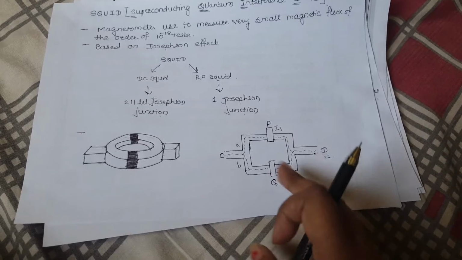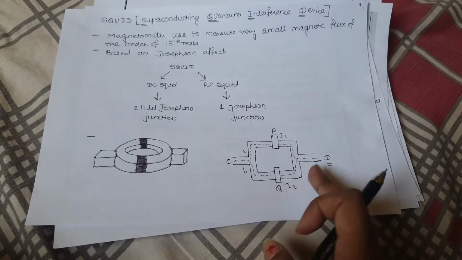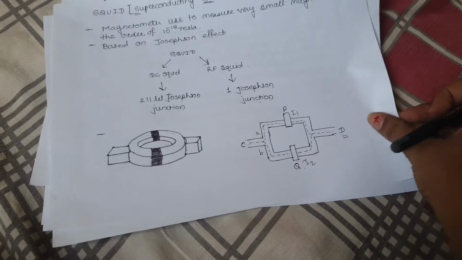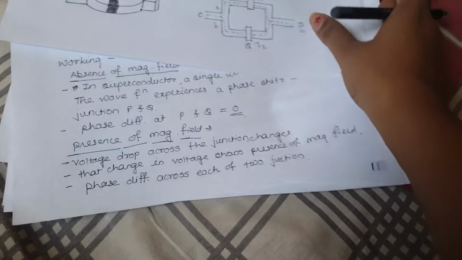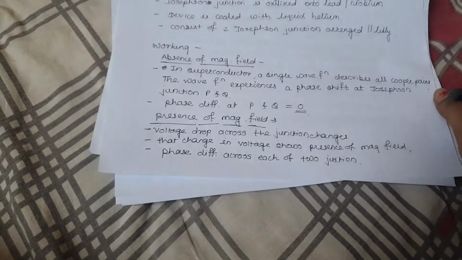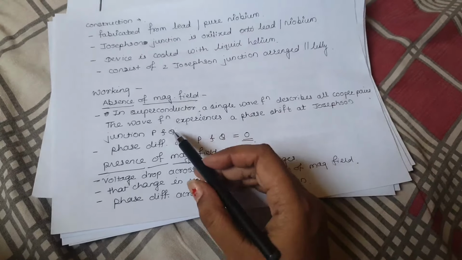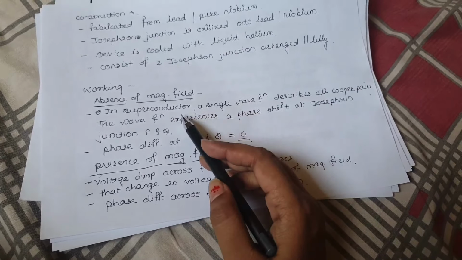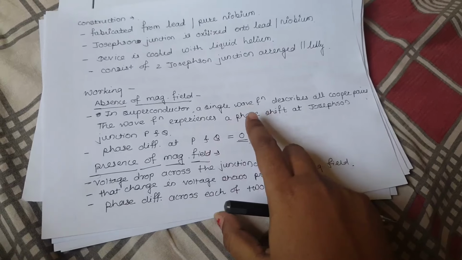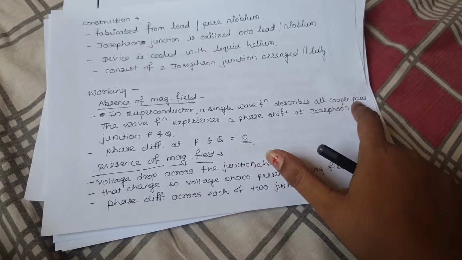Now we have to discuss what happens when we apply a magnetic field to the SQUID and when we don't. There is a difference in phase difference between the two cases. As we already discussed in the Josephson effect, in a superconductor a single wave function describes all Cooper pairs.